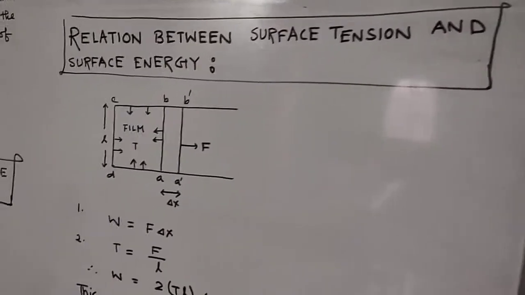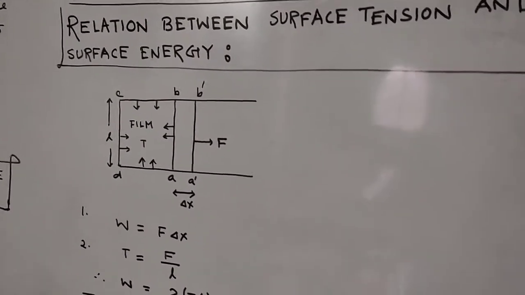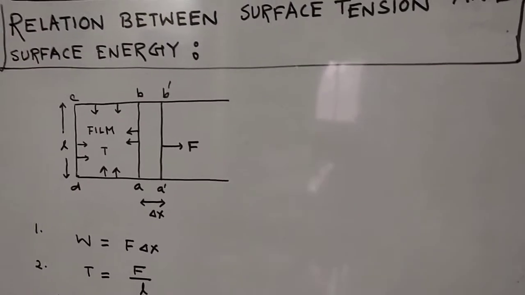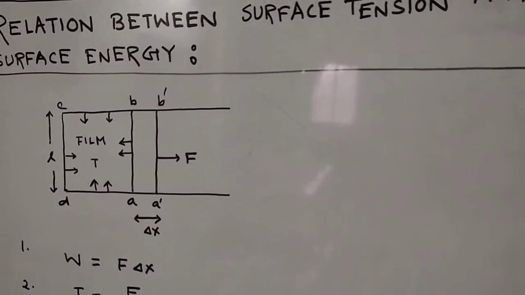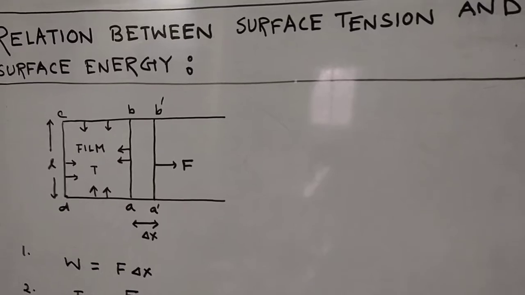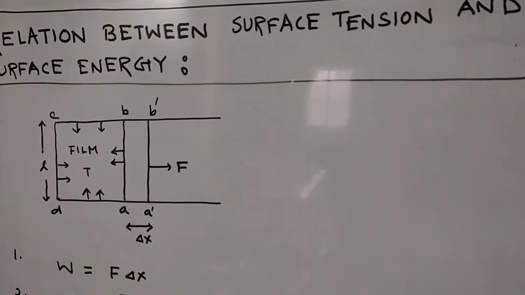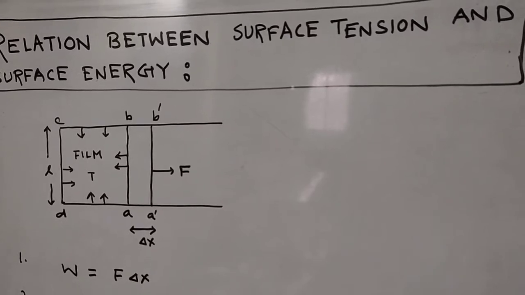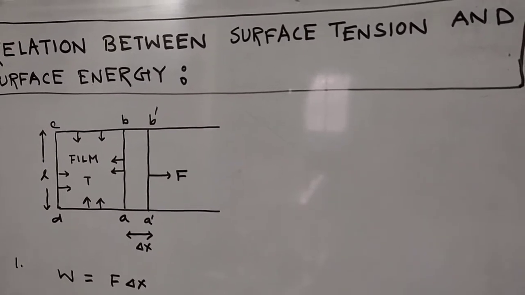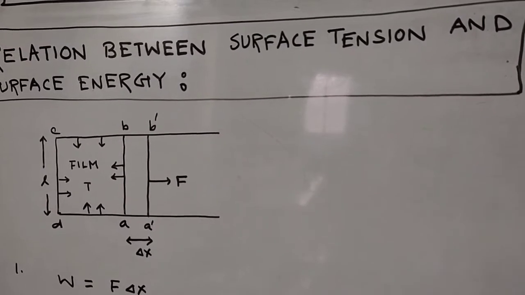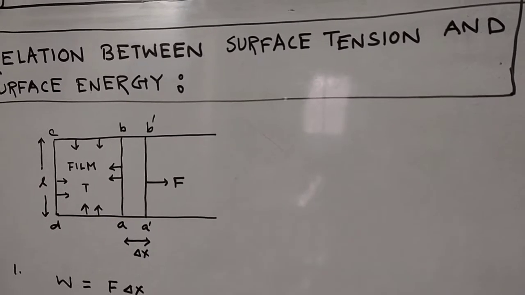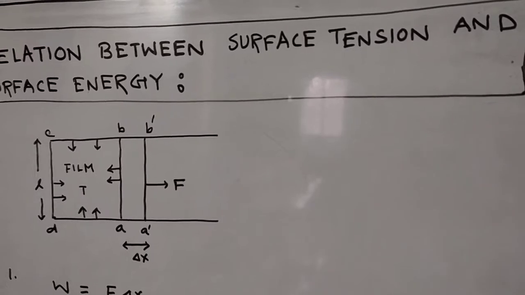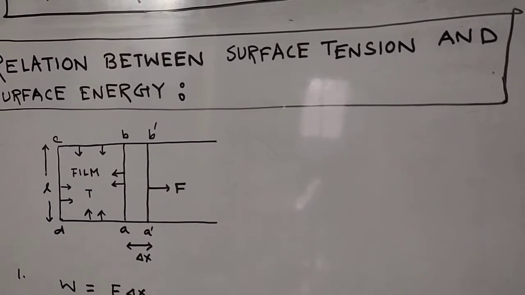For that, let me draw this diagram. Now you see, you have a frame. The frame is made of wire, in the shape of an alphabetic U, and over the arm there is a slider AB. Now you have to insert this frame in soap solution.